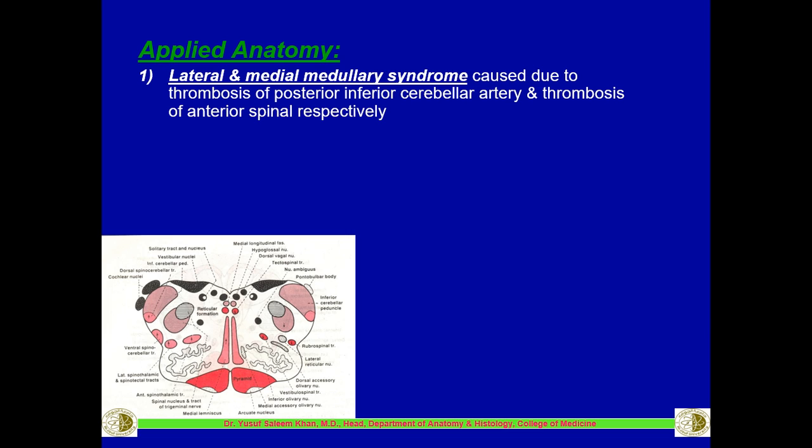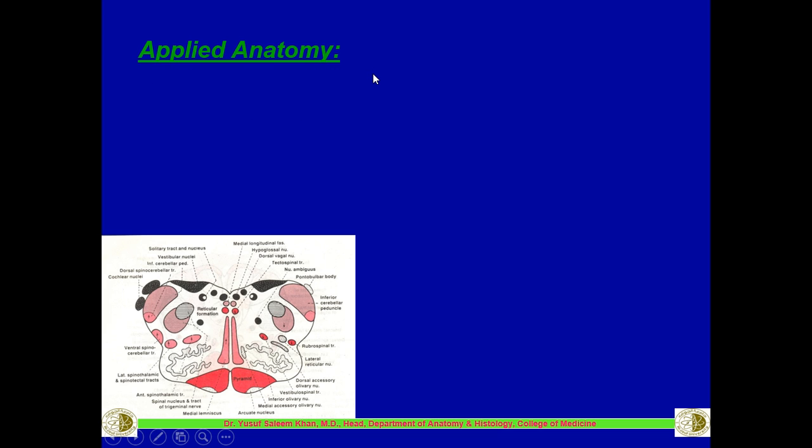Okay, so there are two conditions called lateral as well as medial medullary syndrome, caused due to thrombosis of the posterior inferior cerebellar artery or the thrombosis of the anterior spinal artery respectively. So if there is blockage or thrombosis of the posterior inferior cerebellar artery, that is called lateral medullary syndrome, and if there is thrombosis of the anterior spinal artery, then it is called medial medullary syndrome.